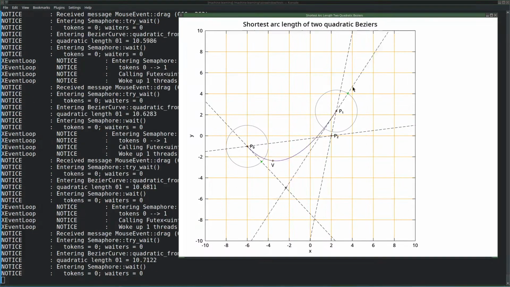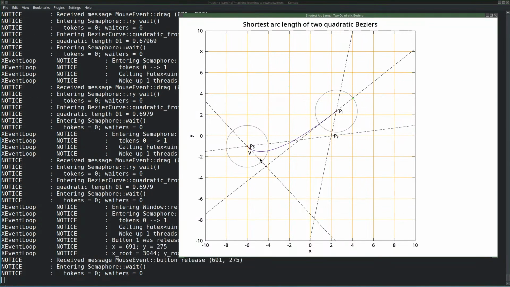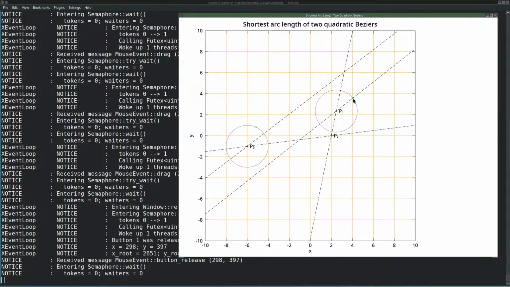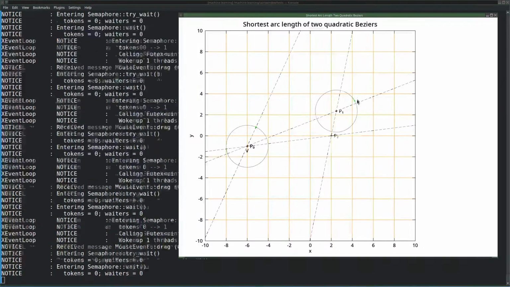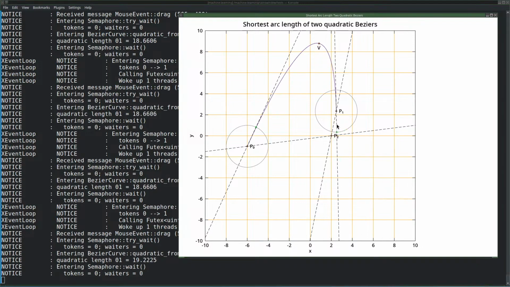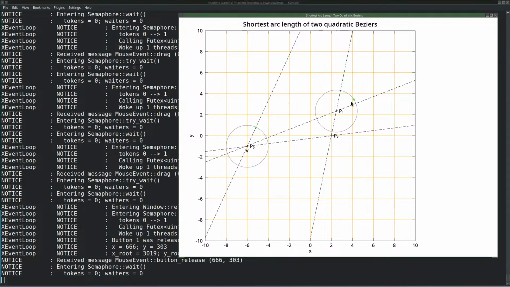Yeah. Yeah, so the dot product between D0 and N1 must be positive.